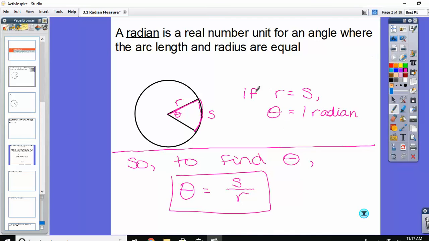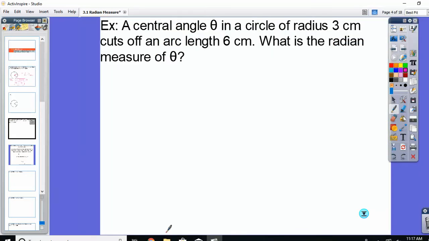Okay, so let's just do a basic example here. If I told you a central angle, that just means it's coming out of the center of the circle, and a circle of radius 3 cuts off an arc length 6 centimeters. What is the radian measure of theta?